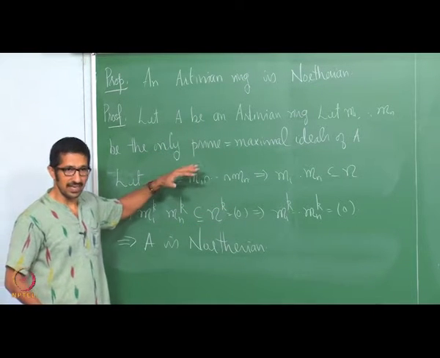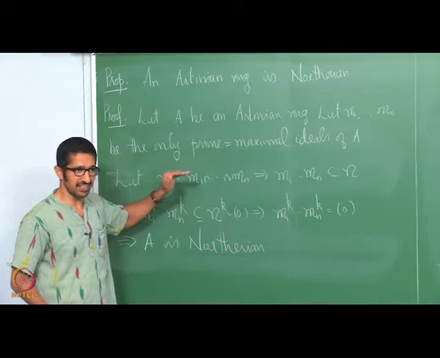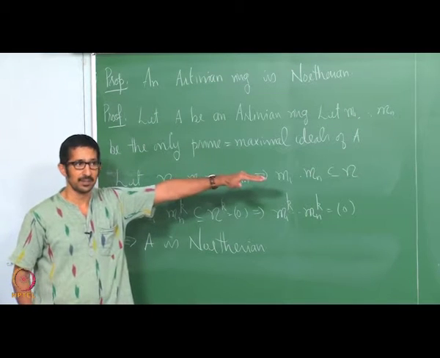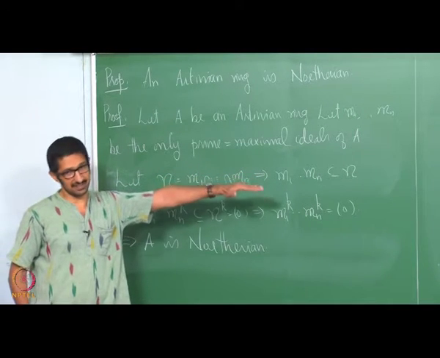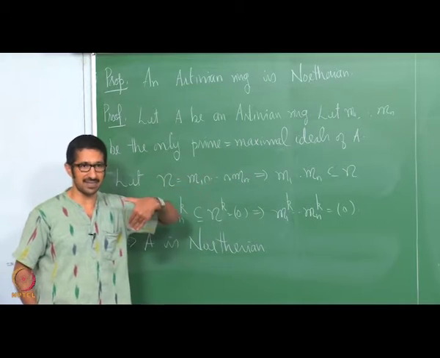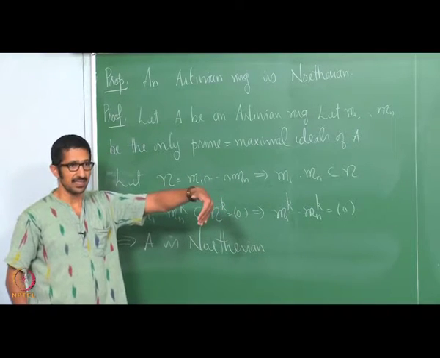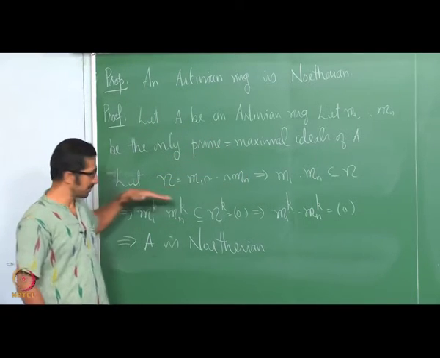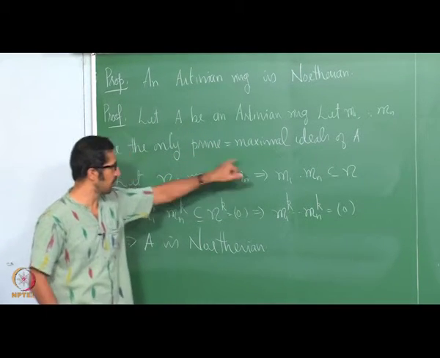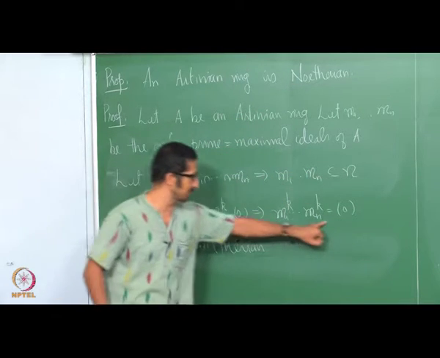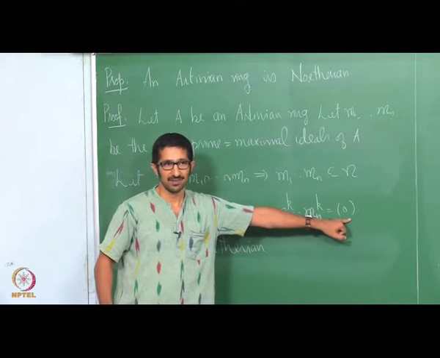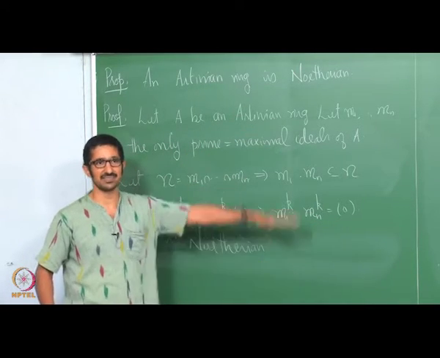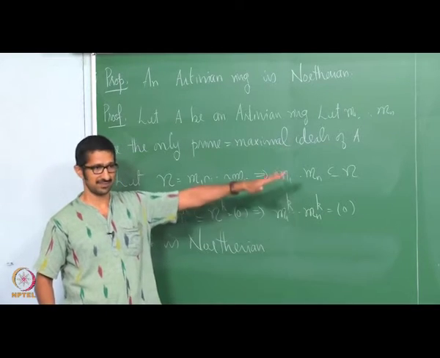If in your ring every prime ideal is maximal, then the nil radical, which is the same as the Jacobson radical, is the intersection of maximal ideals. Now, if your ring is Noetherian, the nil radical will be nilpotent. That means the intersection of maximal ideals to the power k will be 0, which means this will again hold true. Once you reach this stage, Noetherianness and Artinianness are equivalent.